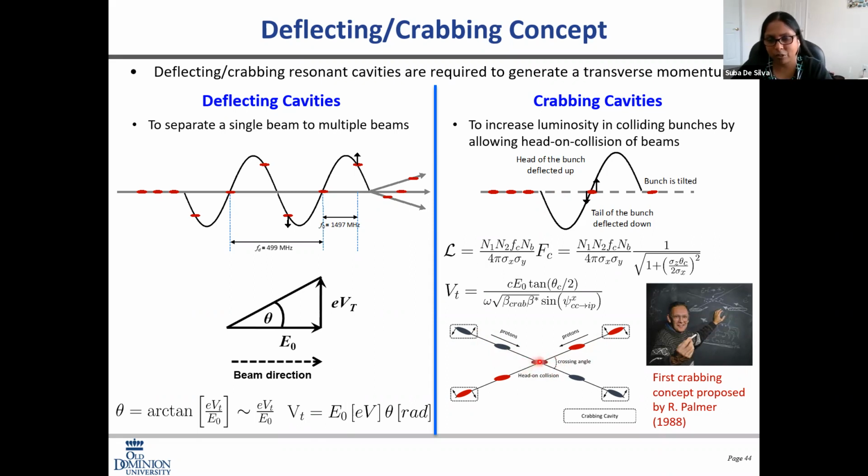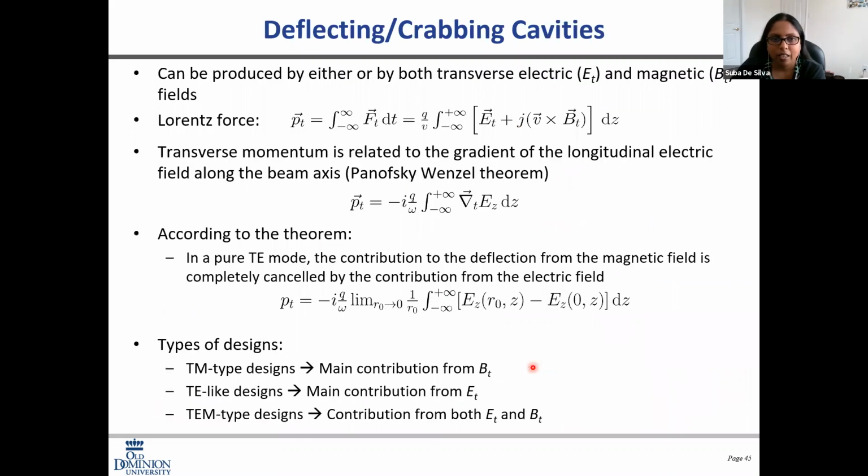So you want to align them to collide head-on, and what you do is kick the head and tail of the bunches in opposite directions, and you start rotating the bunch such that by the time it comes to the interaction point, they are aligned well. So you can have the maximum number of collisions between the two bunches to increase the luminosity. So these cavities can use either a transverse electric field, or a magnetic field, or both of them.